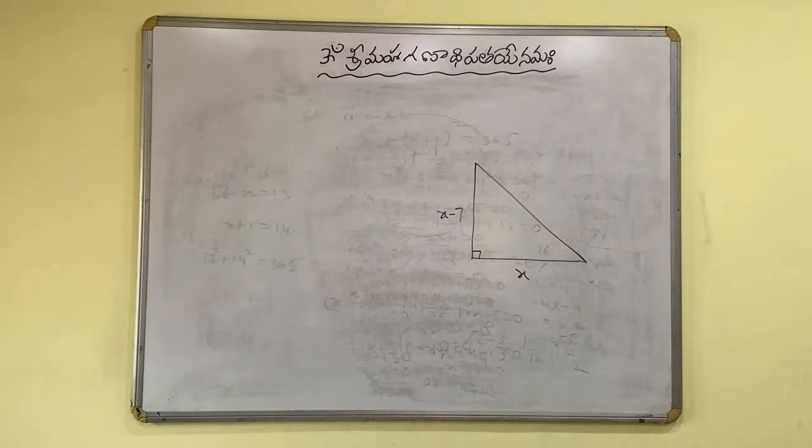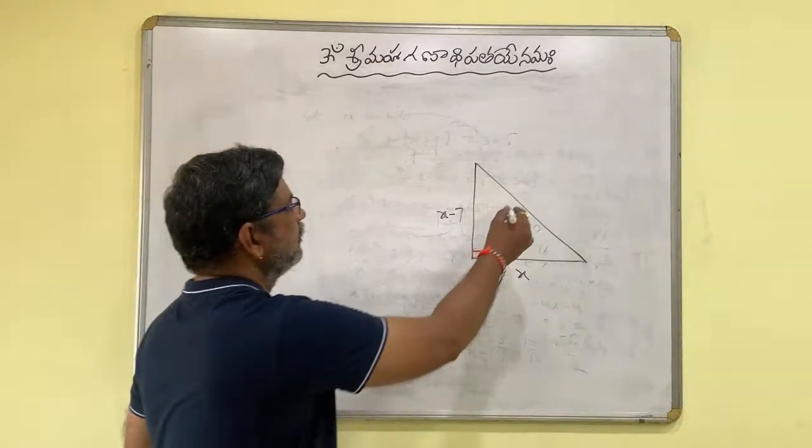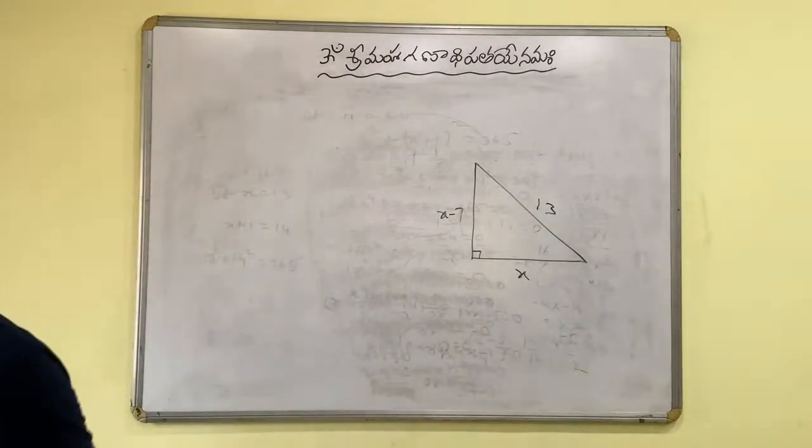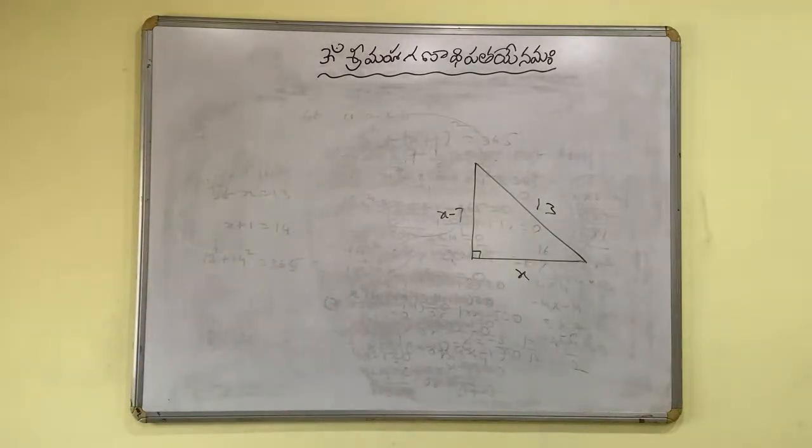If the hypotenuse is 13, find the other two sides. We need to find out the altitude as well as the base. The question is given like this.